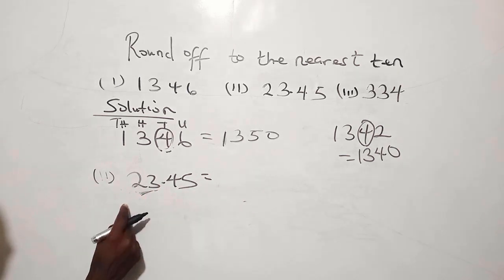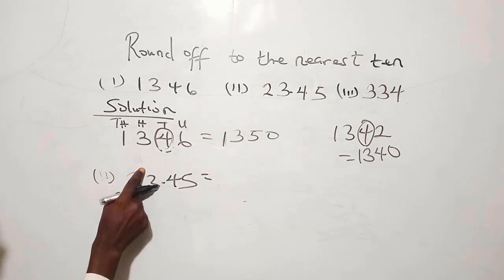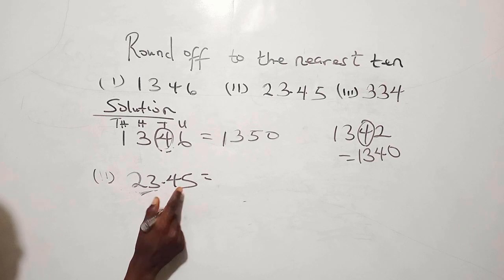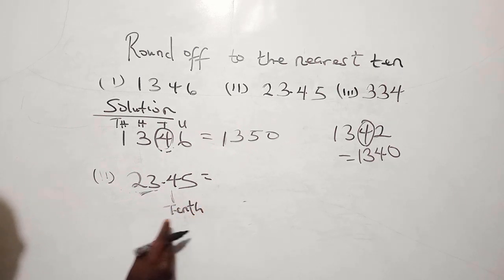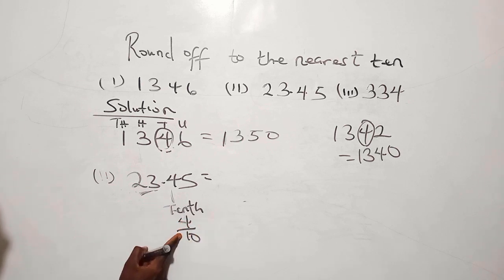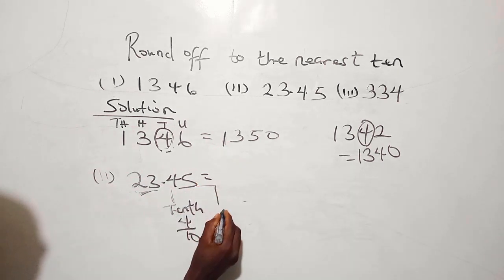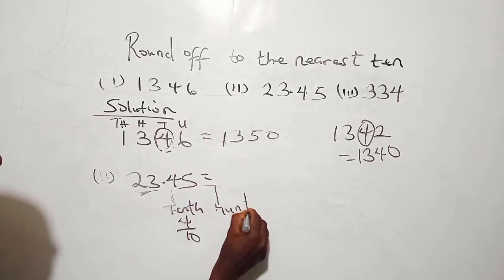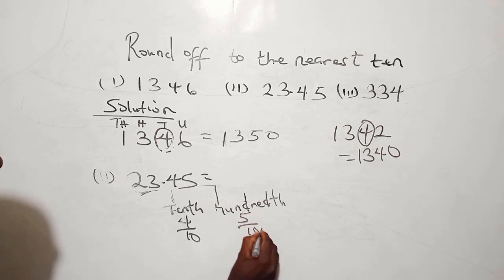For the whole numbers, you have the 2 in the tens position and the 3 in the units. The position of 4 here is tenths, so written as a fraction it is 4 over 10. The position of 5 here is hundredths, that is 5 over 100.